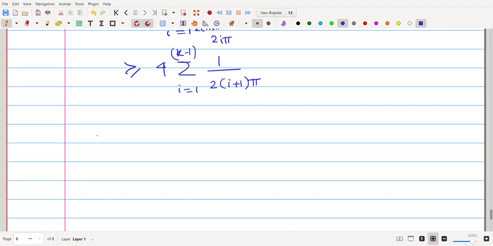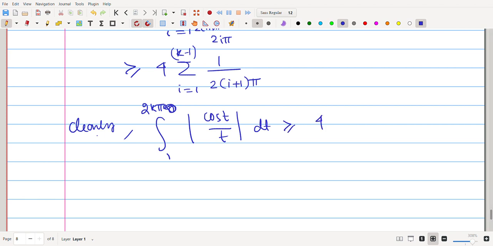So that means clearly the integral from 1 to 2k pi of mod cos t by t dt is greater than or equal to 4 times the summation i equal to 1 to k minus 1 of 1 by (2i plus 1) pi. Now this term is divergent.